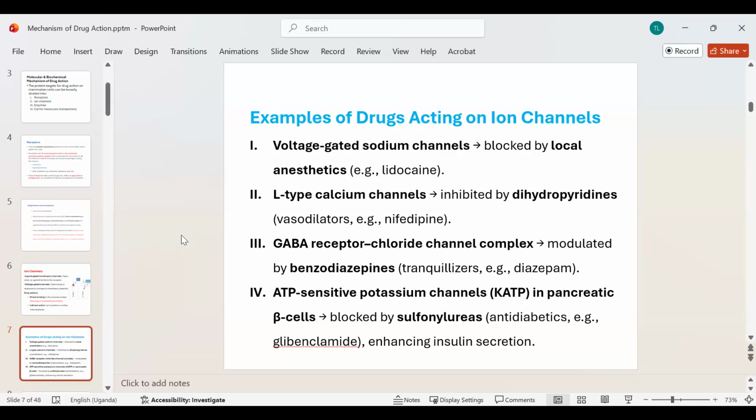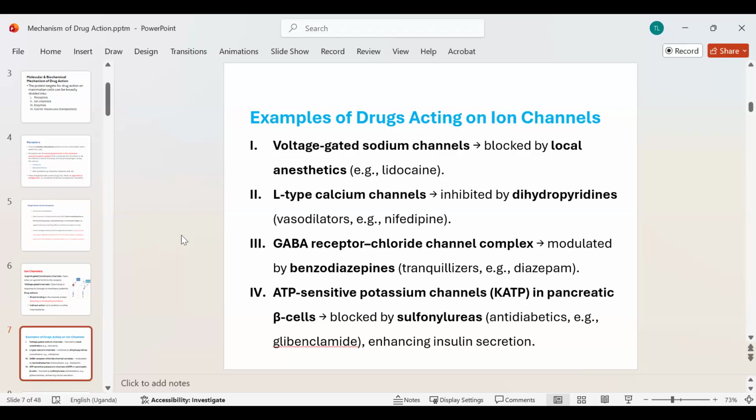T-type calcium channels are usually found in the CNS, in the brain mainly, but these L-types can be found elsewhere in the body. So drugs like nifedipine and other dihydropyridines tend to use these types of channels.